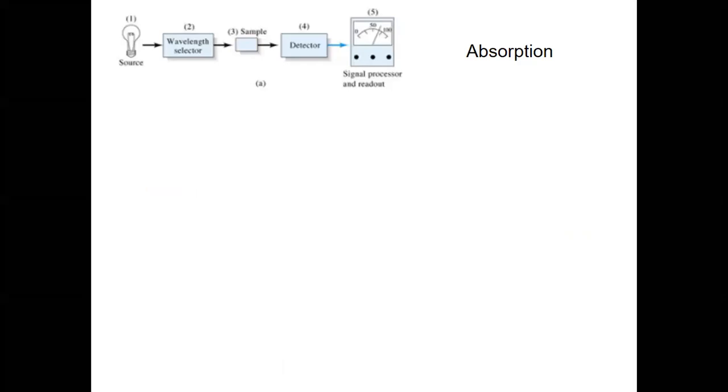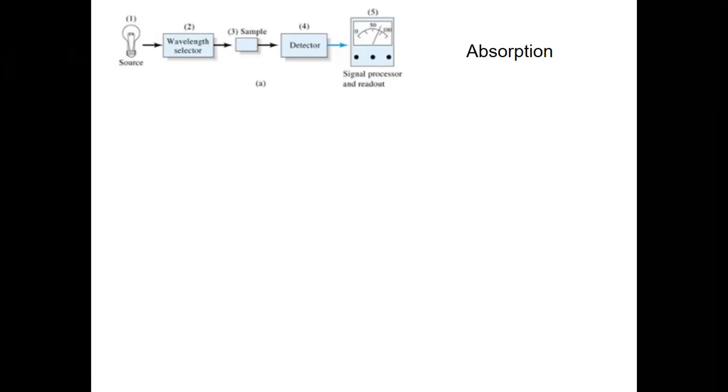In absorption spectroscopy, the first one is a light source, and after the light source, a wavelength selector should be placed. When it selects a particular wavelength from the source, that wavelength will go through the sample.